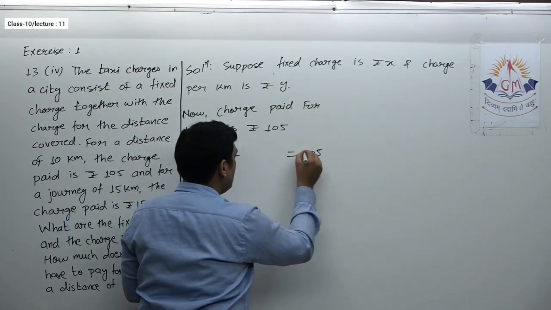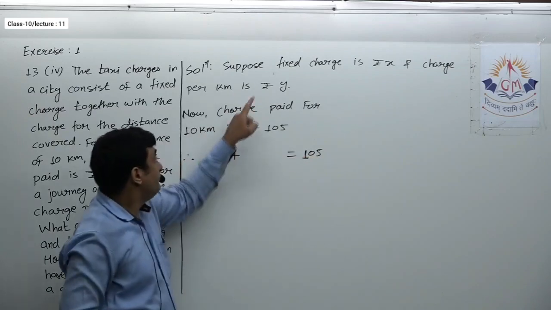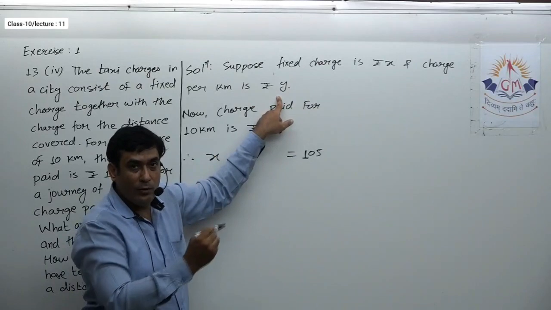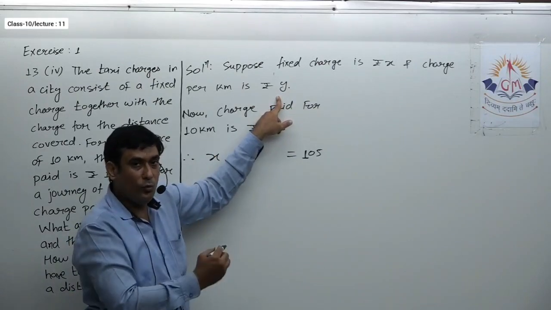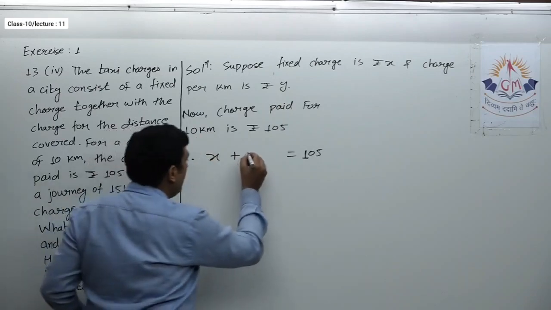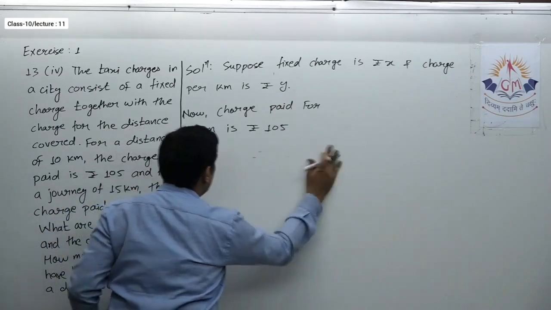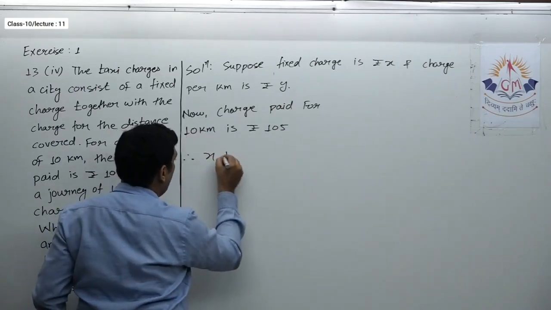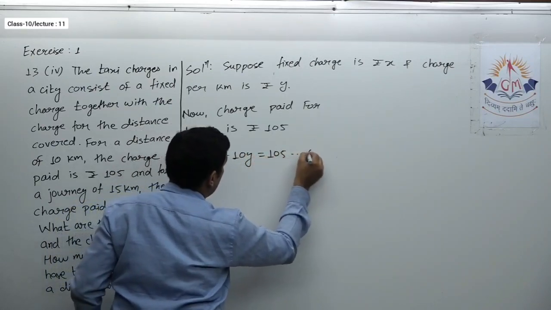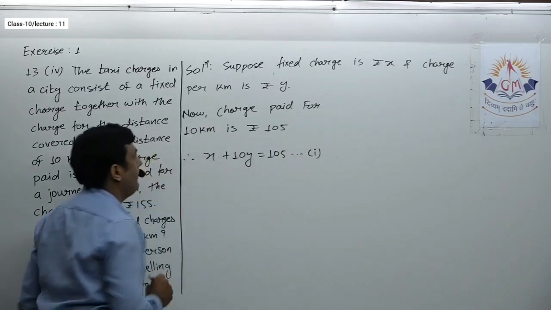So fixed charge plus, see, the charge per kilometer is rupees y, that means for 1 kilometer it will be rupees y, for 2 kilometers it will be 2 into y, so for 10 kilometers it will be 10y, isn't it? So this will become x plus 10y is equal to 105. This is equation number 1.